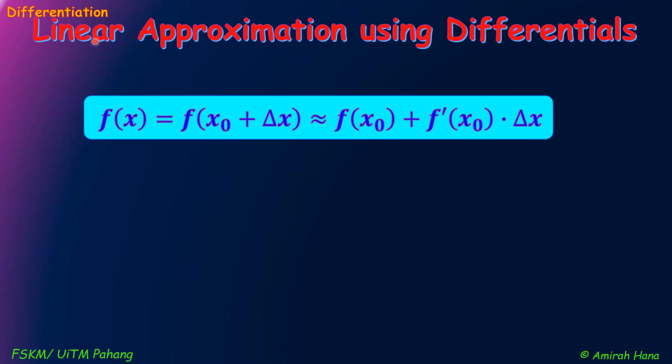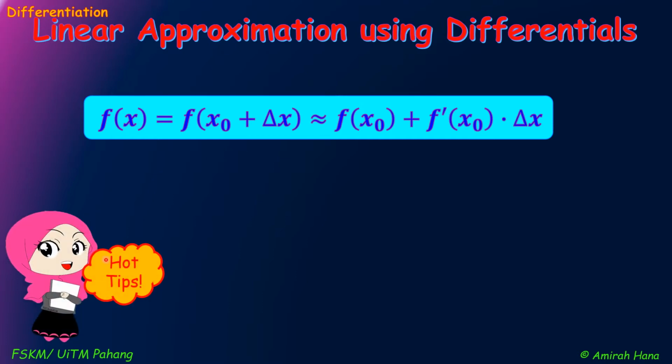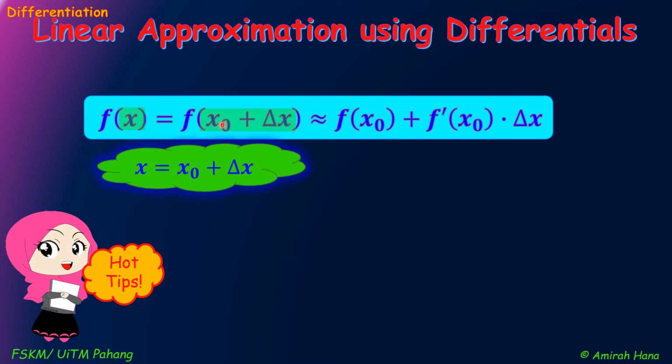Under linear approximation, we use this formula, so you need to memorize it. f(x) = f(x0 + delta x) approximately equals f(x0) + f'(x0) times delta x. This is the symbol for approximation. Hot tips: x equals x naught plus delta x.